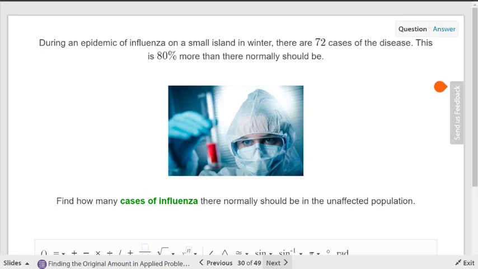That's more than, so an increase. What if it was fewer than? Decrease. That's your homework. If you increase, the original number should be smaller than what you got. It's like a little dance.